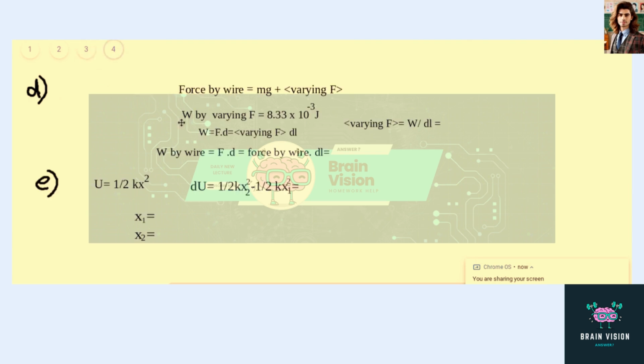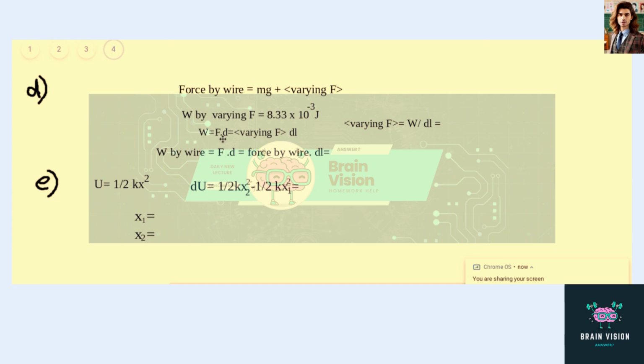Now, let's go back to part C where we found the work done by our varying force to be this equation. There we used the force due to the varying force. So our work done came as an integral which was half kx square.